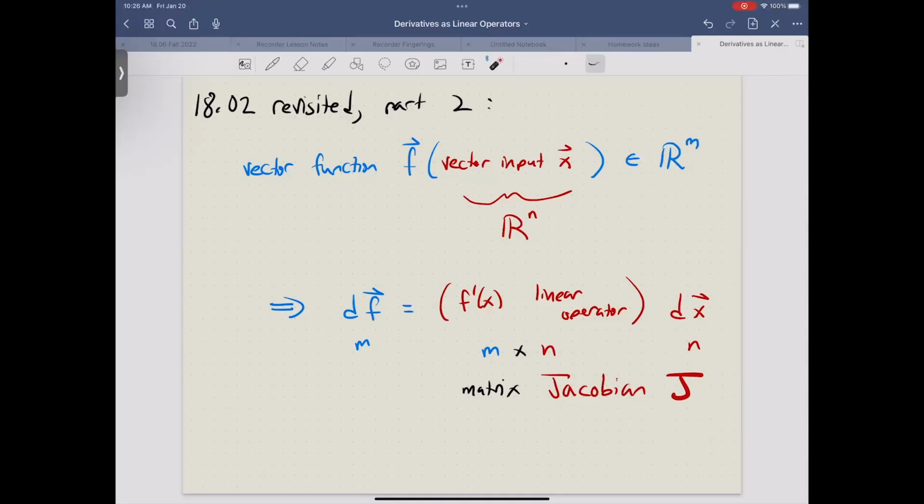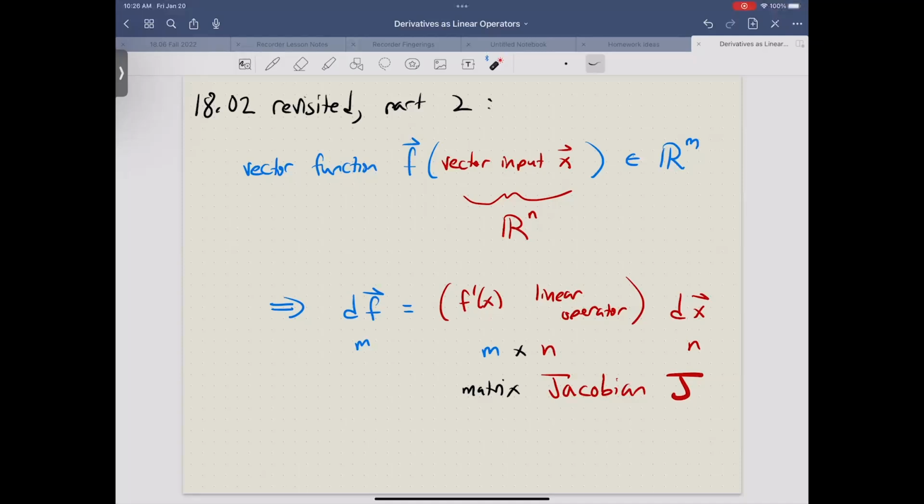For example, in a multidimensional integral, if you change coordinates, you have x and y, and you get some new x and y. That's a function that takes a vector in and a vector out, may or may not be linear. So the inputs live in Rn, and the outputs live in Rm. So maybe there's a different number of inputs and outputs.